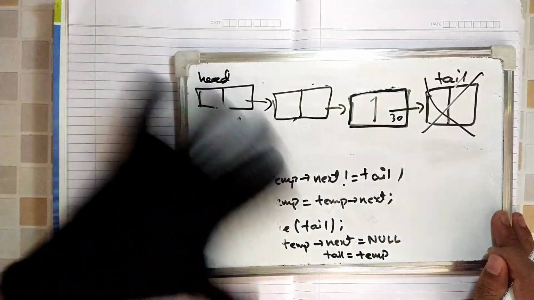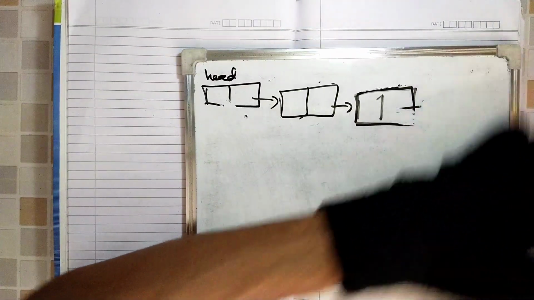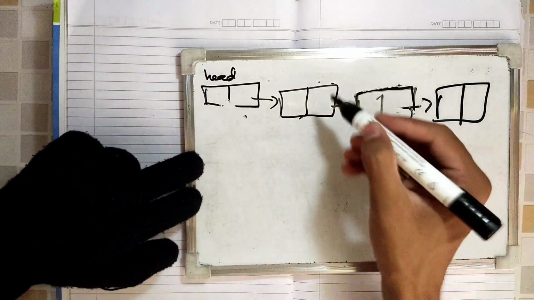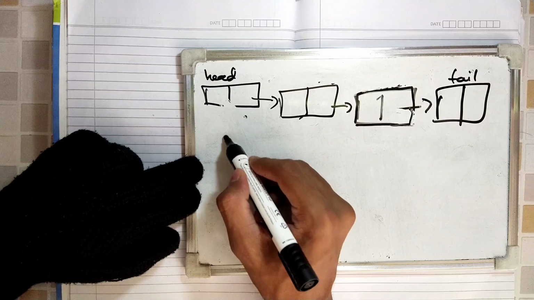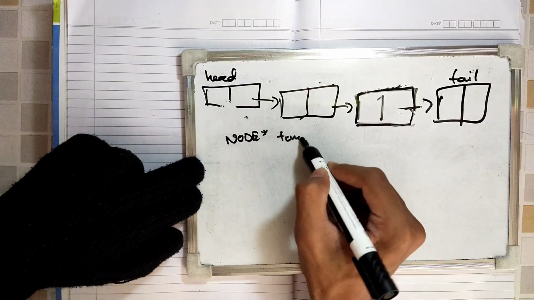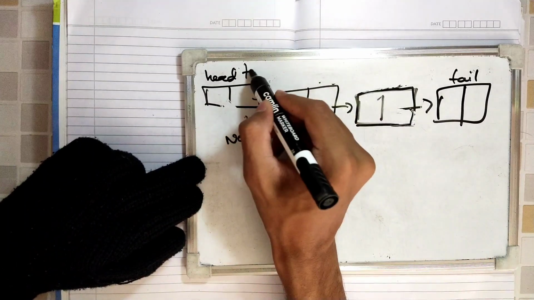So this is over. Now I will do the display. Only display is left. So this is tail. Again for display I will write node star temp equals head. So my temp is here now.